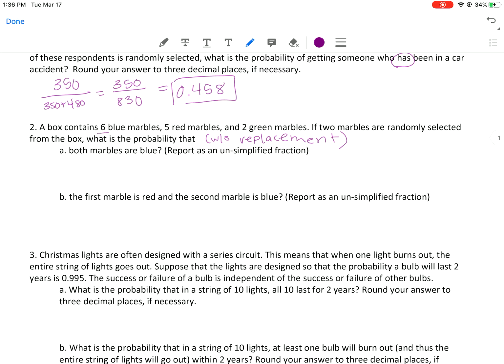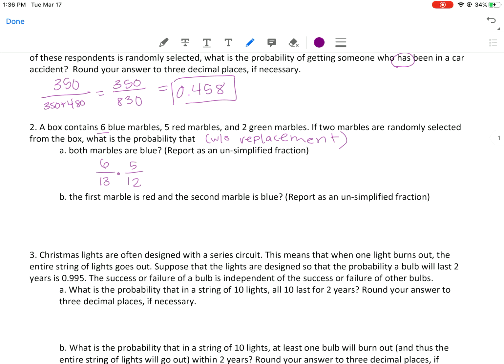So here we've got 6 blue marbles. So we're talking about 6 out of the total marbles, which in this case, I believe is 13. And then another blue marble, we've got 1 less than before because we already pulled out 1 blue, so we've got 5. We also have 1 less overall marble, so 12. And then what do we do with those 2 probabilities? We're multiplying.